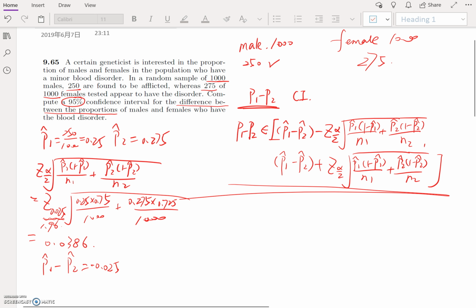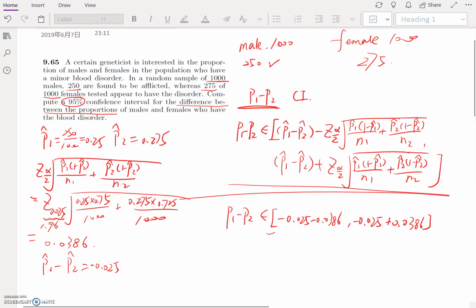So the interval is minus 0.025 minus 0.0386 to minus 0.025 plus 0.0386.